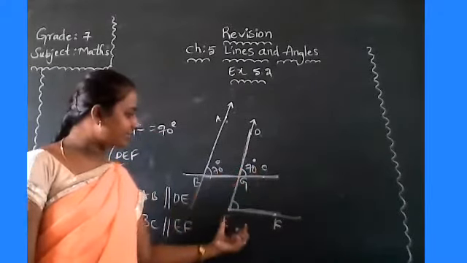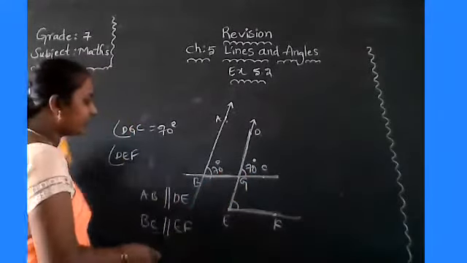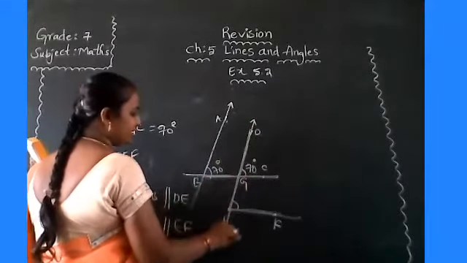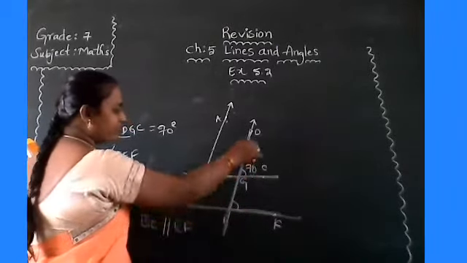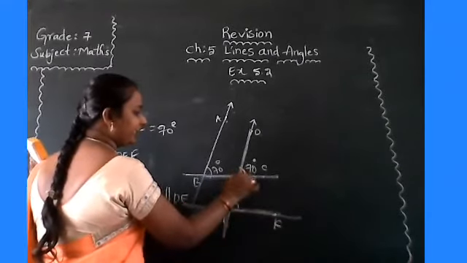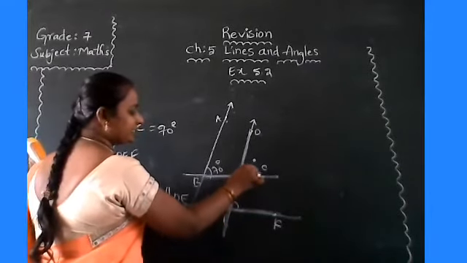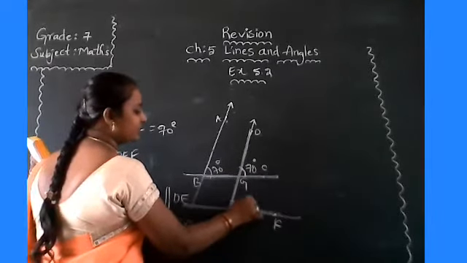Here one line cuts them, so that line is a transversal. Which is the transversal here? Yes, DC. Observe, this is a transversal of these two parallel lines. Then angle G is 70 degrees. What about angle D? Yes, it is also 70 degrees.